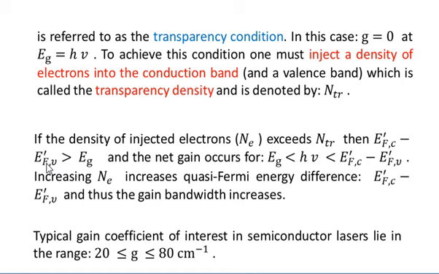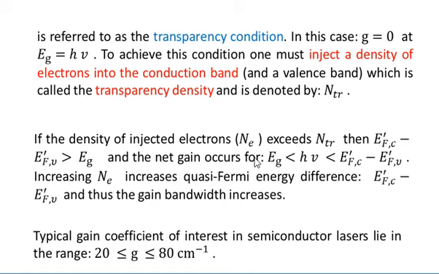So the difference between these two quasi-Fermi levels will be greater than Eg, and the net gain occurs for h nu greater than Eg, the band gap, and less than the difference of these two quasi-Fermi levels, that is EFc prime minus EFv prime. So this is the condition under which the transition will occur.